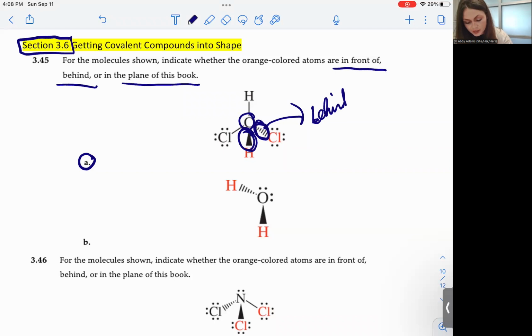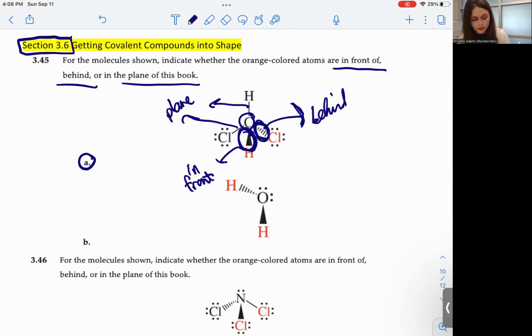If this is a dashed, then this is behind. And if we have the wedge, then that is what? In front. I'm saying it wrong. All right. So this is in front, this is behind. These standard bonds are in the plane of the book. All right. In the 2D plane.